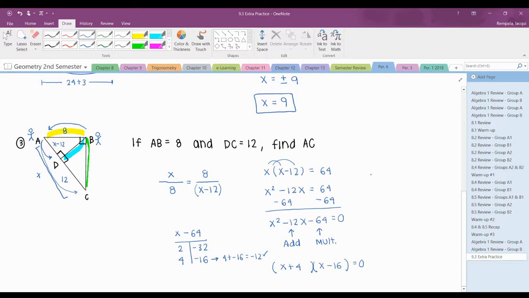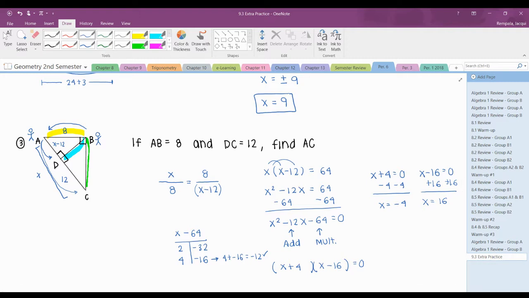So now I get to set each of those factors equal to 0 to finish solving for x. So x plus 4 equals 0 means we'll have to subtract 4 to move it over to the other side. So I get x to be negative 4. Over here in this equation, I have to add the 16 to move that over, and I get x to equal positive 16. Once again, we're talking about numbers that are lengths.